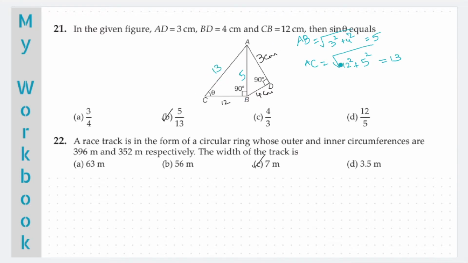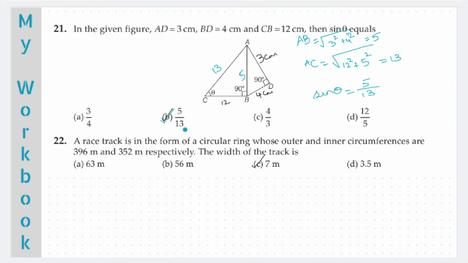We are asked to find sine theta. Theta is the angle here. So sine theta will be opposite side by the hypotenuse. Opposite side is AB, which is 5, and hypotenuse is 13. So it is 5 by 13 and option B is the correct answer.